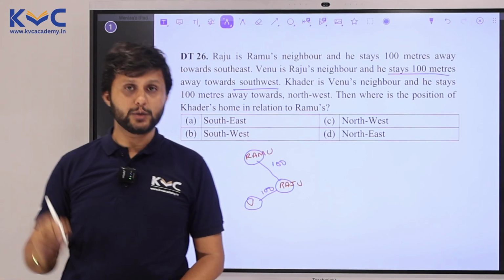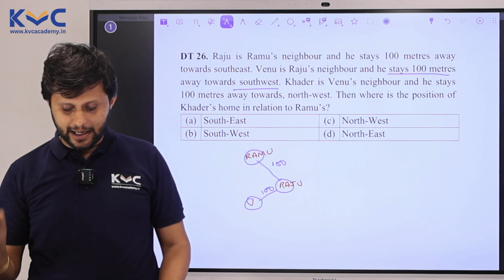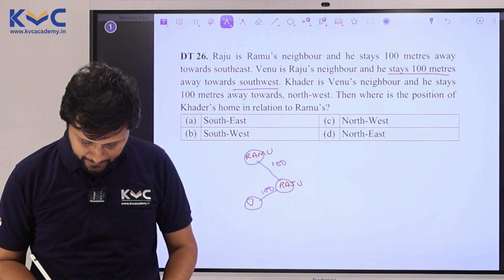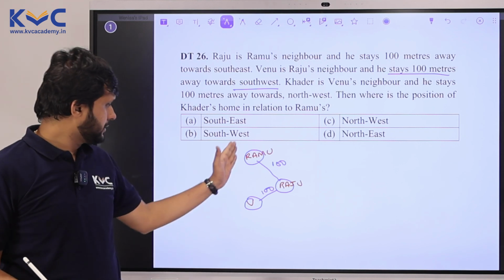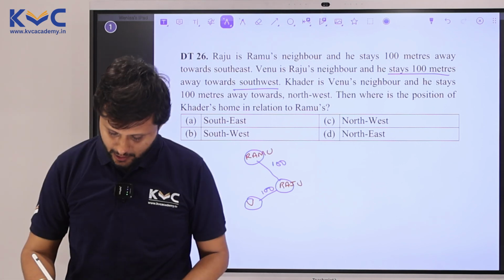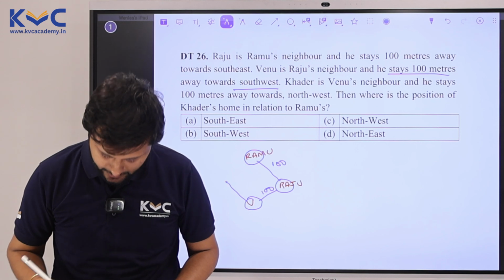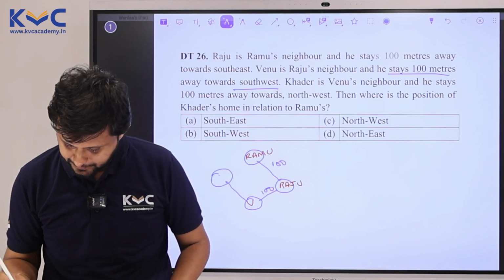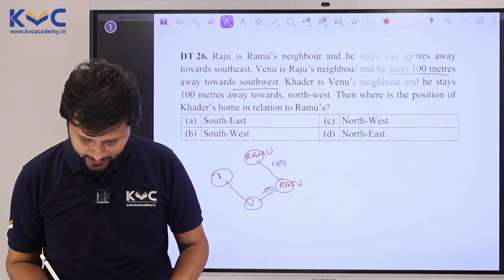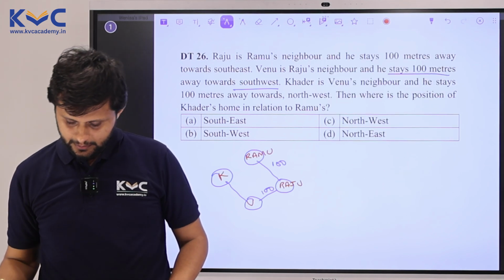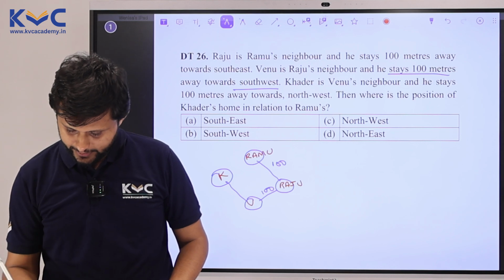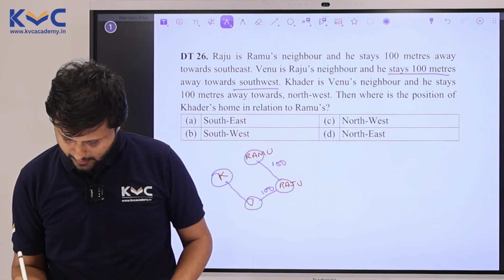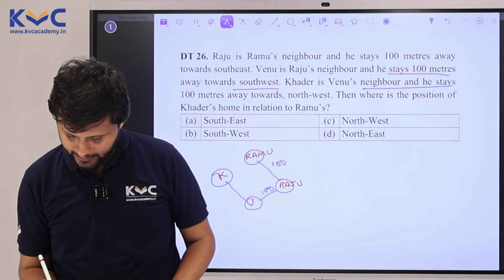Kadar. Kadar is Venu's neighbor and he stays 100 meters towards northwest. North is straight. West is this side, correct? Okay, northwest here. And this is who? Kadar. K. Back to red. K. We sorted, or there are more people? This is done.